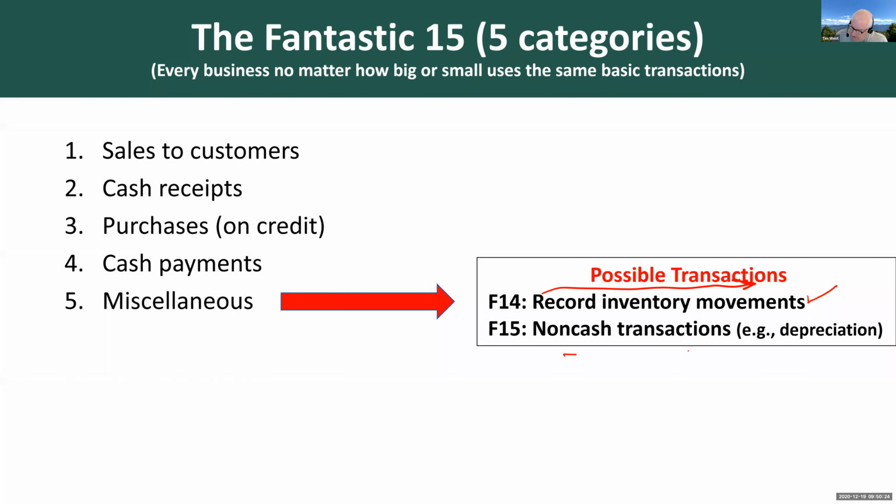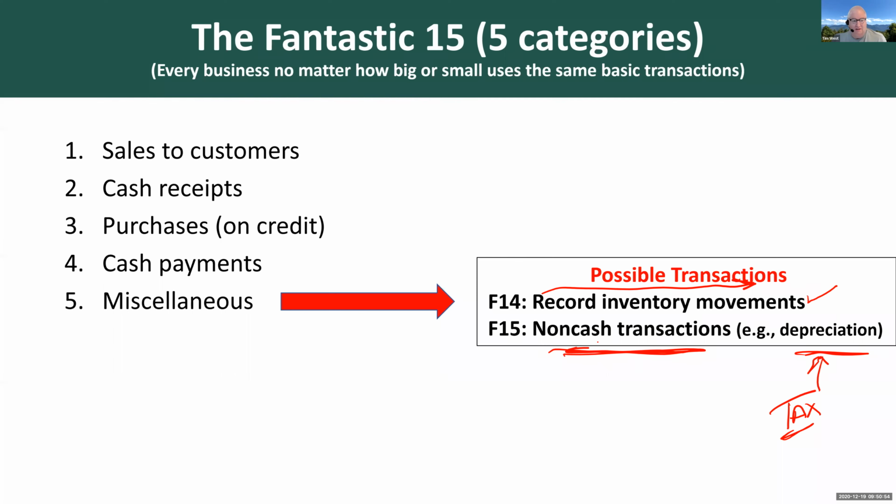And then finally, these non-cash transactions, the most important one, probably the most common, is going to be recording depreciation. And so, yep, we've talked about that a little bit before. But when you reflect depreciation, most of the times, especially in new businesses, we think about that from a tax perspective. I want to make sure we get our tax deduction for depreciation. But how do we get there? Well, it's going to require a non-cash transaction.